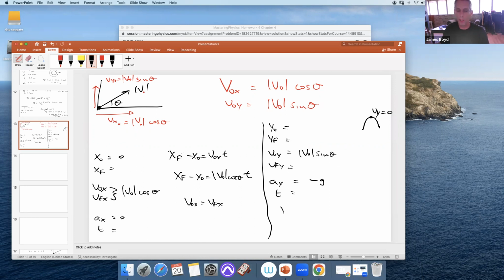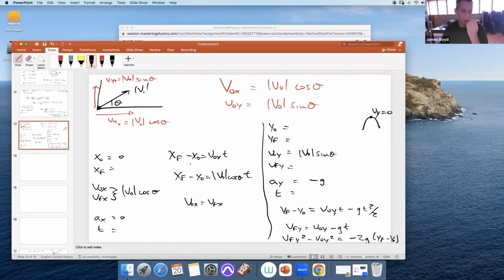Our equations for the y direction are y final minus y initial equals V naught y t minus g t squared over 2, and again, you can insert V naught sine here. V final of y is V initial of y minus g t, and V final of y squared minus V initial of y squared is minus 2g y final.